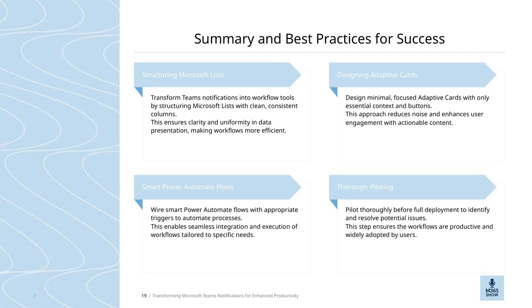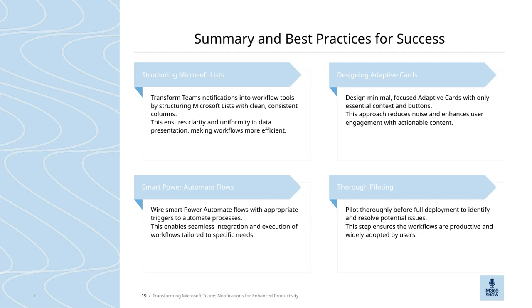Now, let's wrap up with some best practices to really ensure your success. First, it's crucial to pilot thoroughly before moving to full deployment. This means testing your workflows extensively to catch any issues early on. By doing this, you make sure that the workflows are not only productive, but also widely adopted by your users.